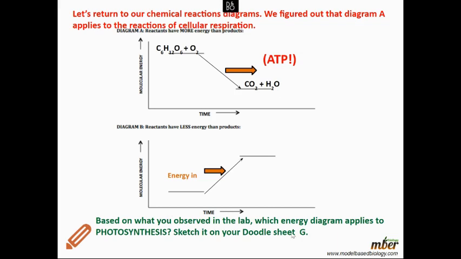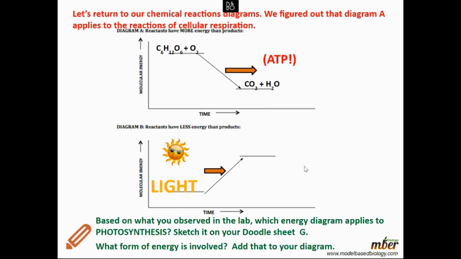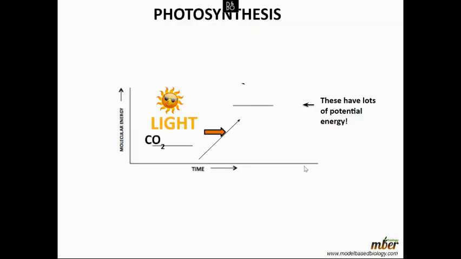So based on what we observed in lab, which energy diagram would apply to photosynthesis? Would it be diagram A, the top one, like cellular respiration, or would it be the bottom one, where the products need energy? You need energy into the system. Which one do you think photosynthesis is? So photosynthesis actually is the bottom reaction.